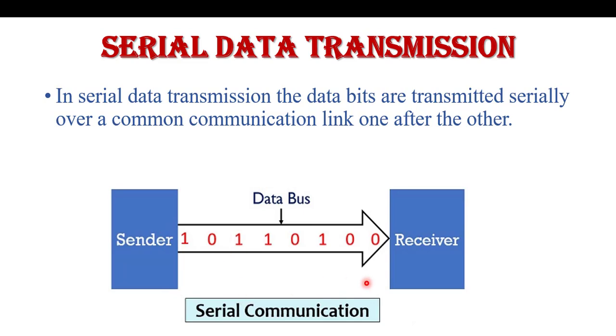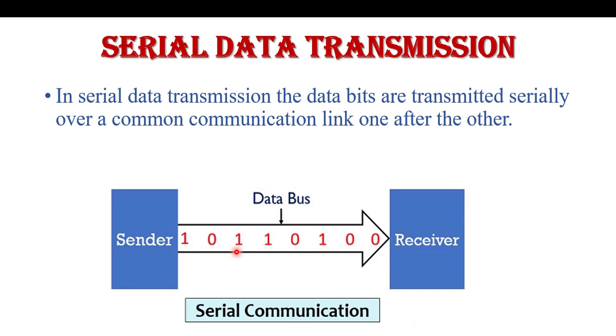However, the parallel data transmission process is fast compared to serial data transmission. In serial data transmission, the bits are transmitted over a single channel one by one, but in parallel data transmission, a number of bits can be sent simultaneously at the same time.